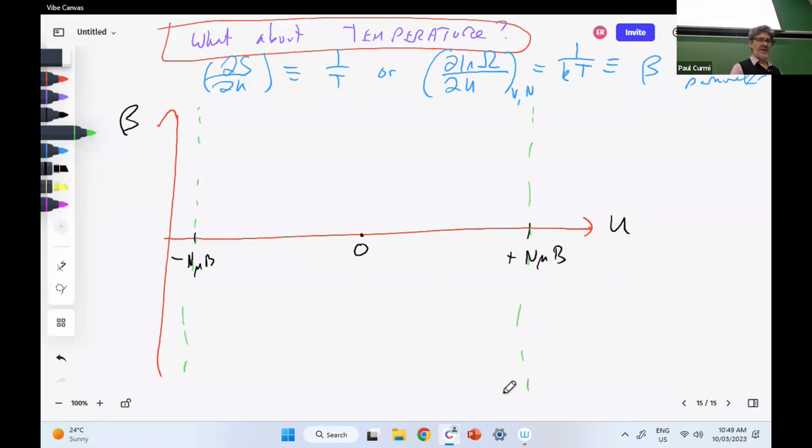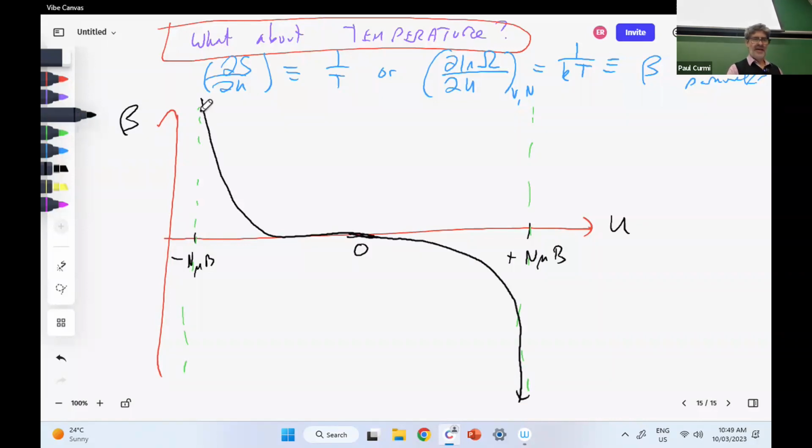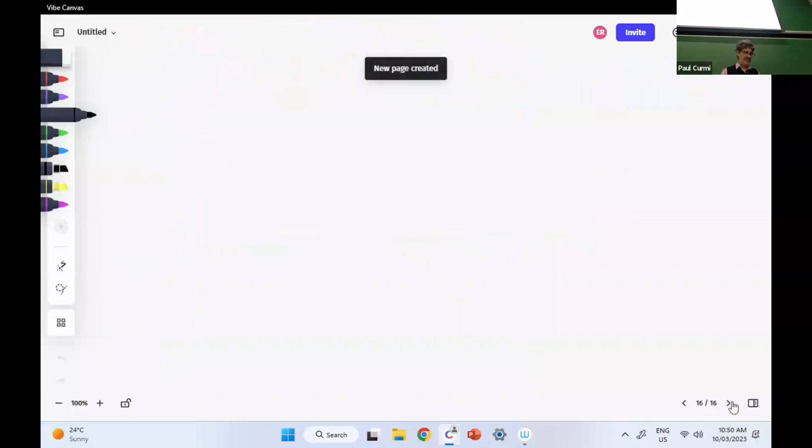And if I plot this function, I get something that goes off to infinity, comes down here, goes flat. Well, I've drawn this badly, goes through there and down there. Okay, so this is beta is equal to 1 on kT. Okay, so I've got that, but what I really want is temperature. So now I plot temperature.